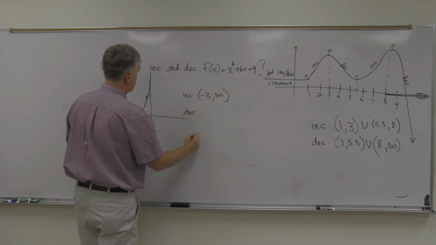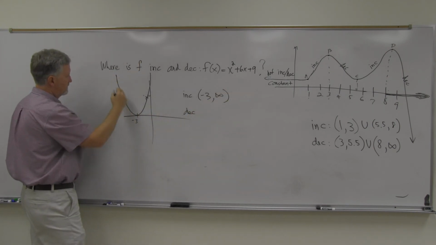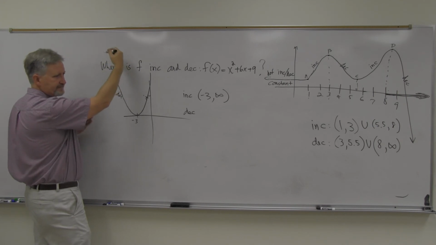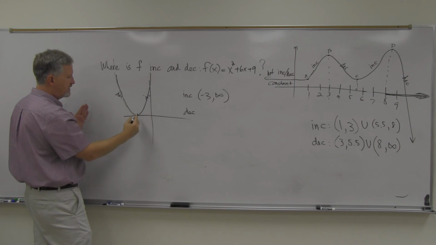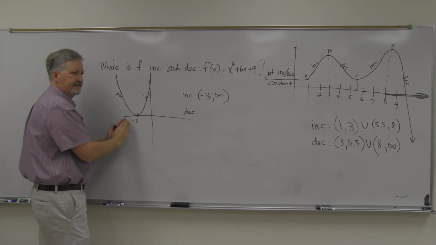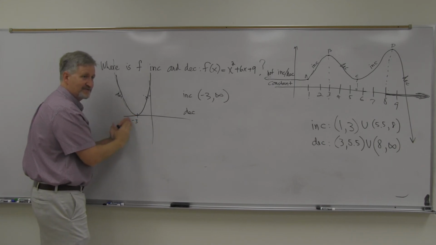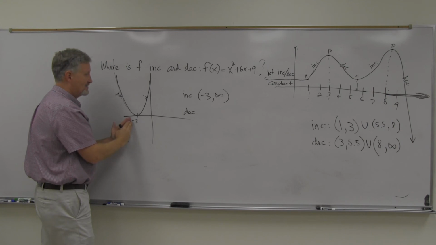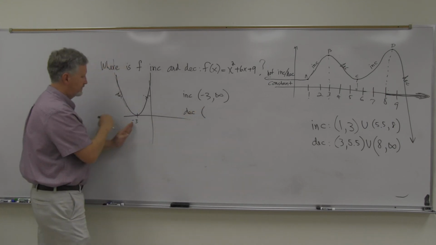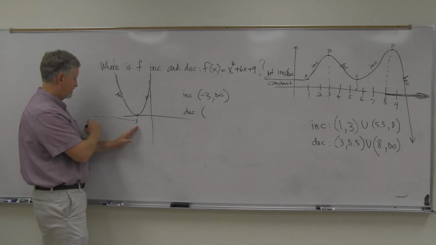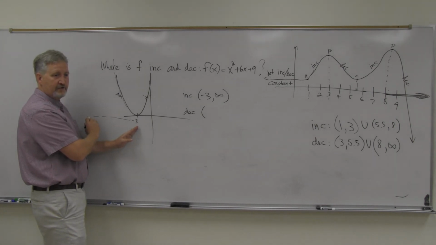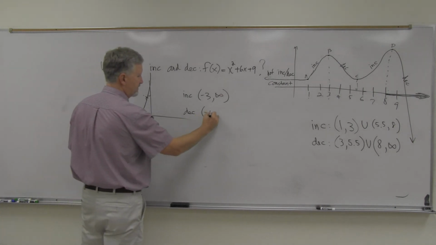And decreasing, yeah, so it comes out from infinity out here, but again, we're talking x values here, so the interval comes in from the x, what's out here for the x? This is negative infinity, isn't it? So you're going from negative infinity to -3 for decreasing.